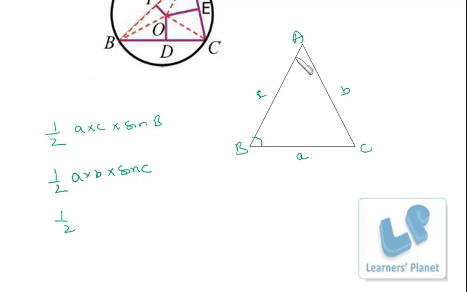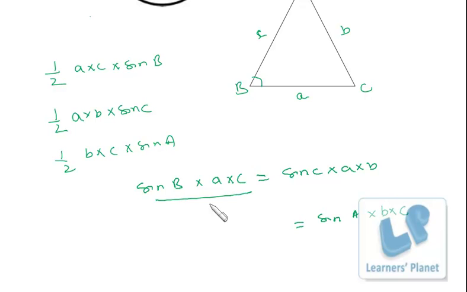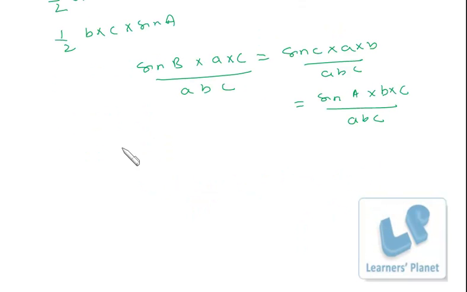Similarly, it is equal to half of B into C into sine A. All of these are the area of the triangle, so all of these will be equal. That means sine B into A into C is equal to sine C into A into B is equal to sine A into B into C. If we divide all of them by A, B, C, we will get an important relationship.